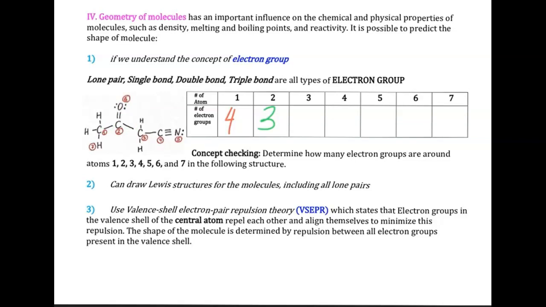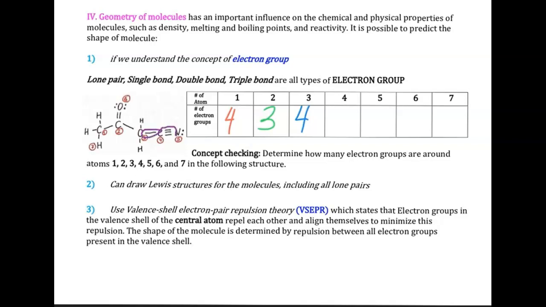And here we have 1, 2. Do you see what I'm saying? It's a triple bond, but they are all localized in the same place, so it's 2 electron groups here.